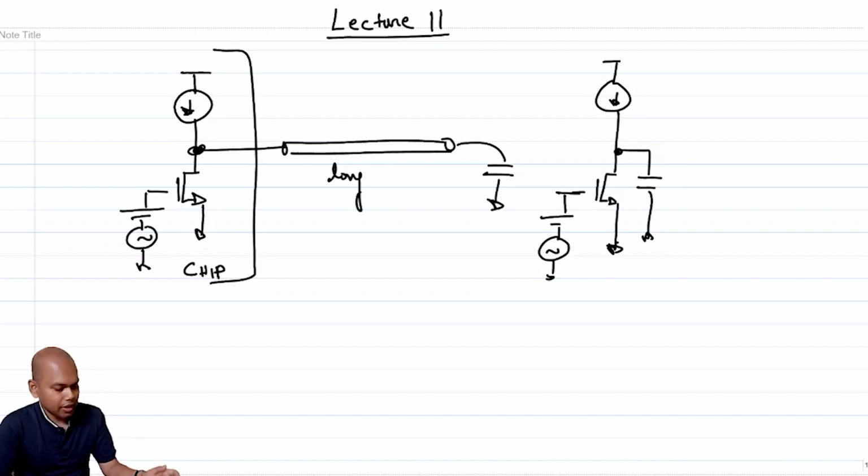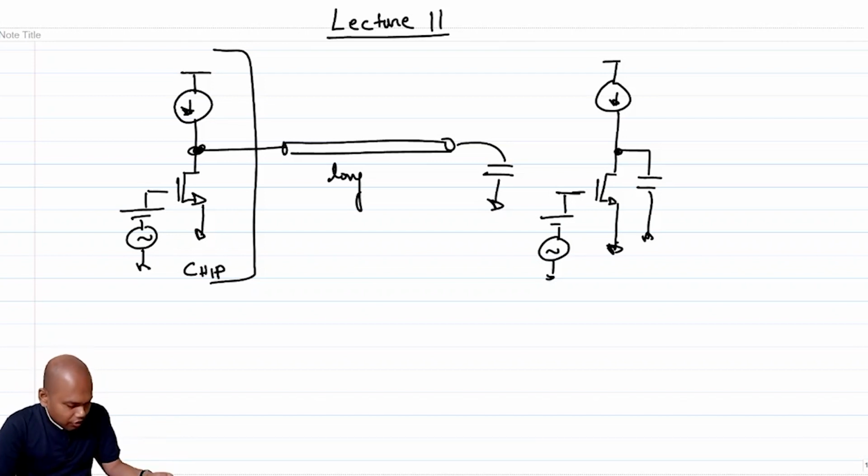But now I fabricated the chip in order to test whether things are fine or not. I connected it to a long delay line, to a capacitor. The capacitor now sits on the board. Naturally, the chip and the capacitor will not be sitting just next to each other. There will be some routing, and this long delay line essentially mimics the routing.